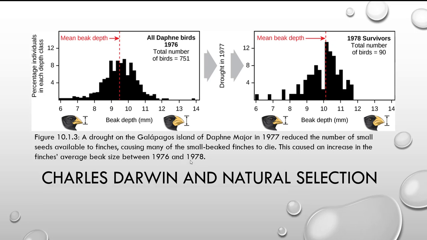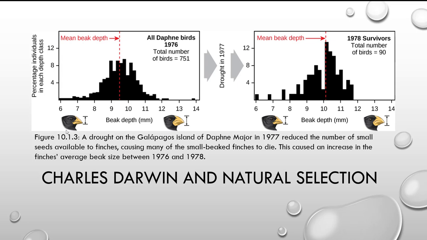In this case, it was just an environmental factor, right? So we have a drought that took place, and the ones that had the smaller beaks ended up being the losers in this case. They didn't have enough food. So they ended up dying off, and the ones that were the winners were the ones that had the larger beaks, so they were able to find the better food sources.